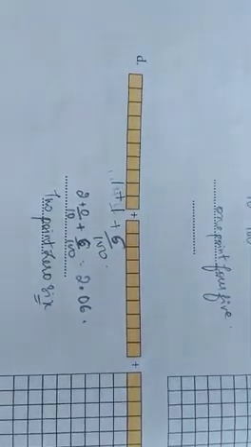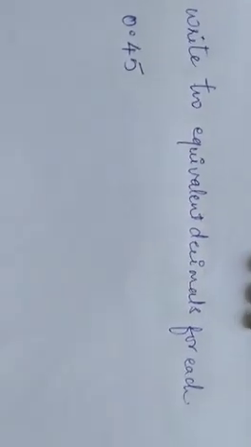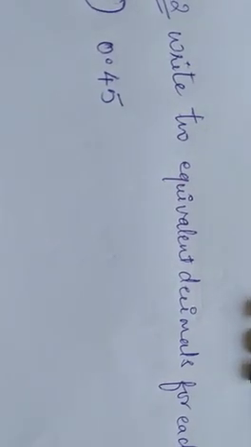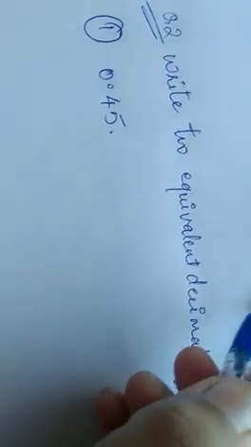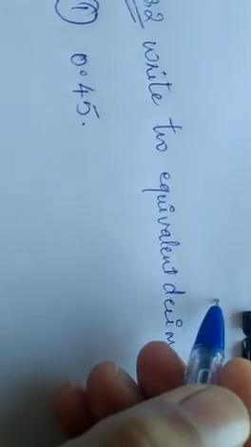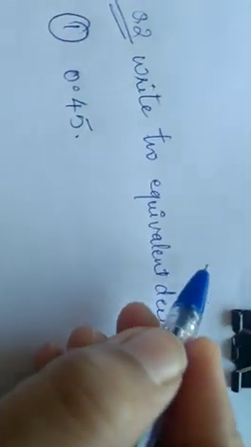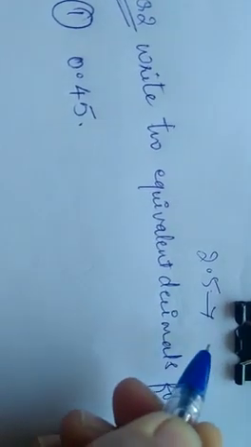The space is given. Okay, now question number 2 is, write two equivalent decimals for each. Now when we are writing the equivalent decimal of any number, you all know very well that any number after decimal, if we are putting 0, it is equivalent. So suppose it is 2.5. Now we have to find the equivalent for this.